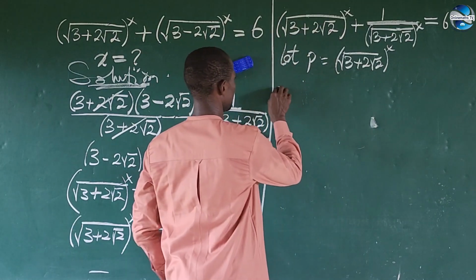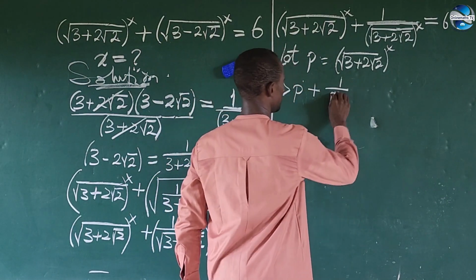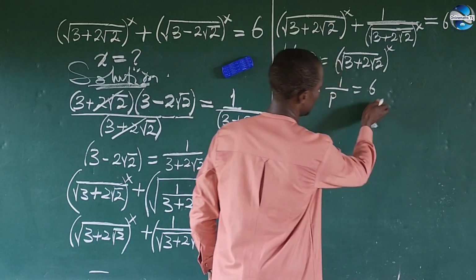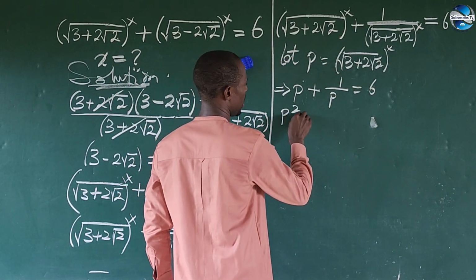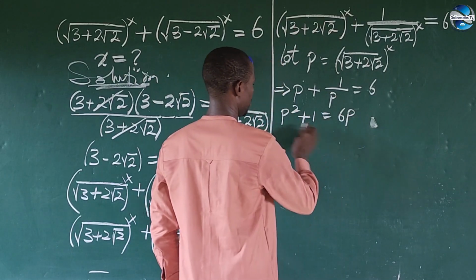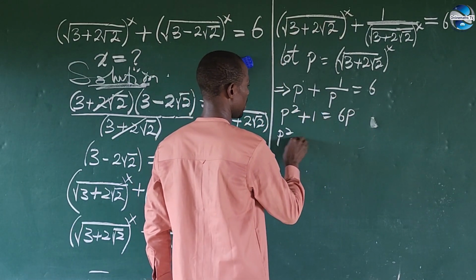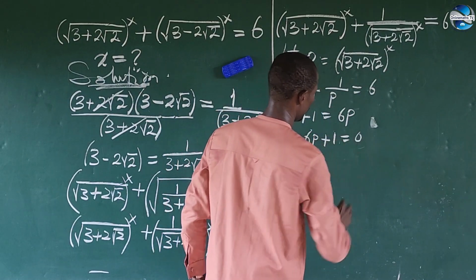This now implies that p plus 1 all over p equals 6. So eliminate p, and this will give us p squared plus 1 equals 6p. Rearranging, we have p squared minus 6p plus 1 equals 0.